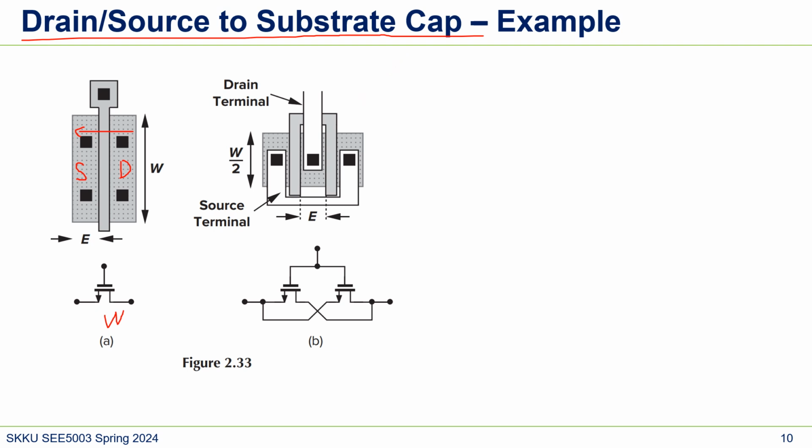Interestingly, they look different because you see that the W is W over 2, it's like a half W, right? But you see that the source is on the outside, and the drain is in the middle, and they share the same gate voltage. Here it seems like they're disconnected.